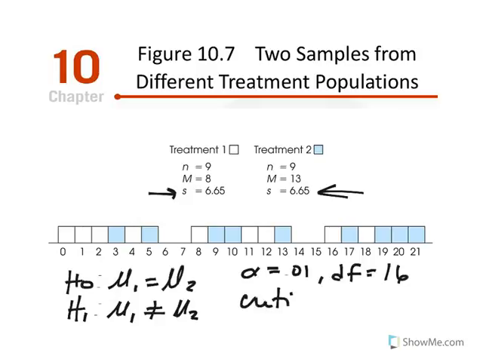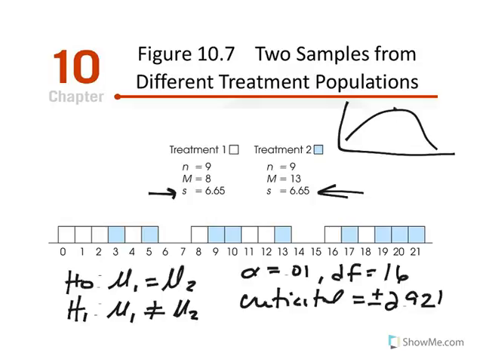So our critical t also has not changed. It's plus or minus 2.921, so that helps us set the boundaries of our hypothesis test. Again, in the center is 0, the anticipated population mean difference denoted by the null, and we've set our critical region on the negative side and positive side, and the critical t-values are equal to negative 2.921 and positive 2.921.